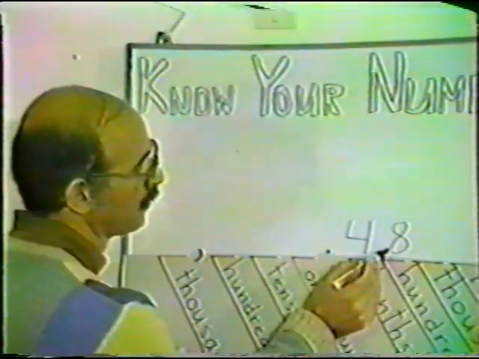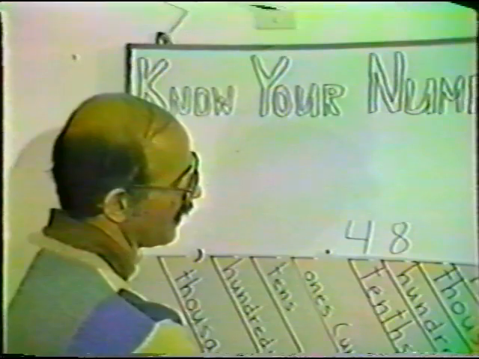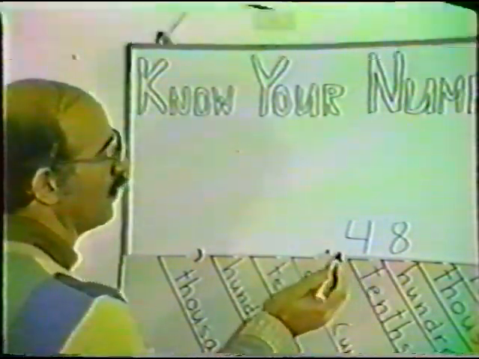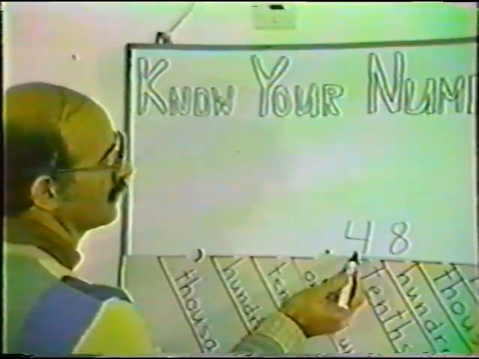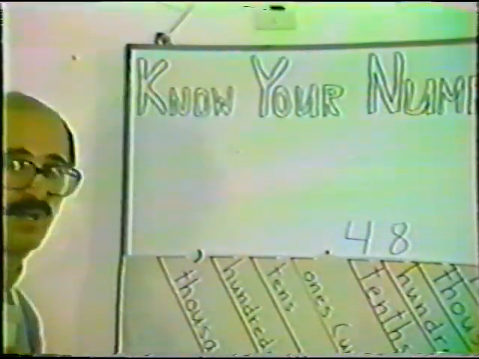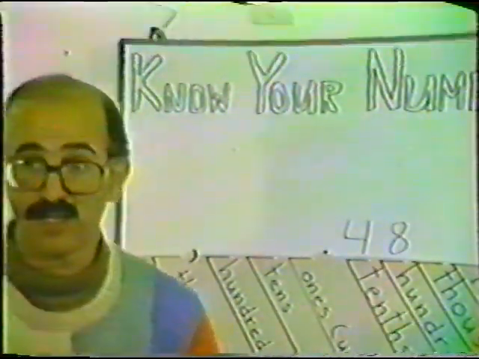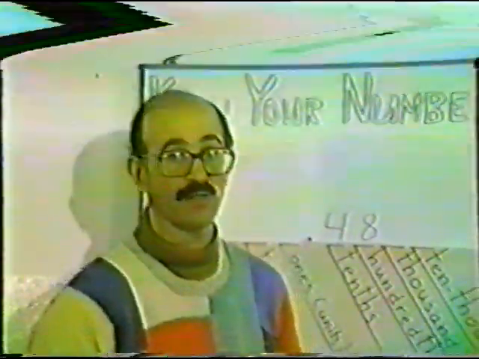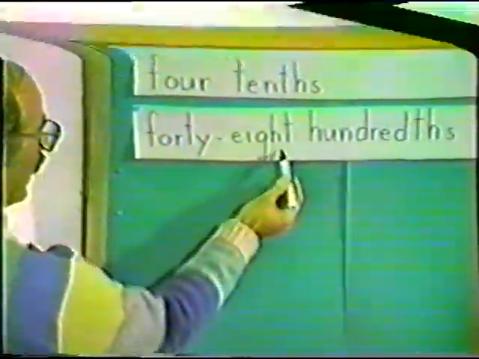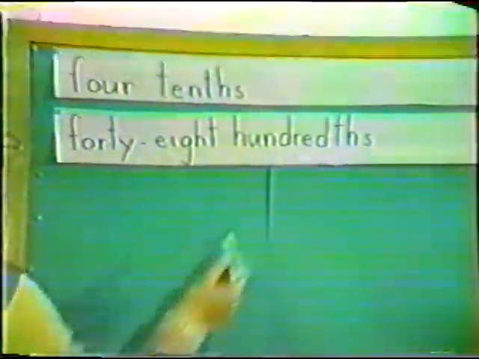And what's the place where the number ends? Hundredths. So the whole thing is 48 hundredths. And this is how it looks if we write it. 48 hundredths.